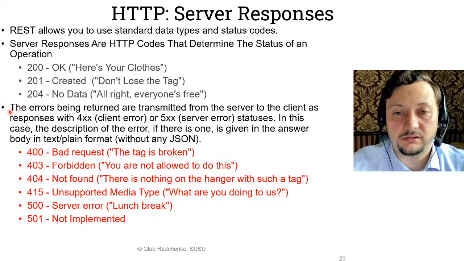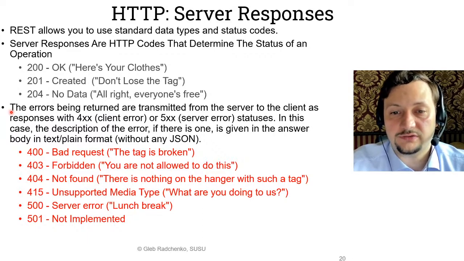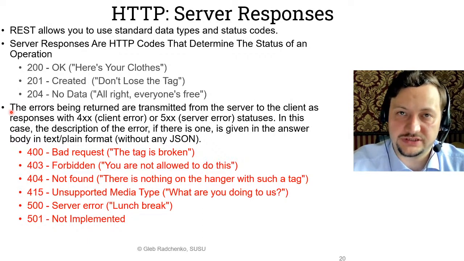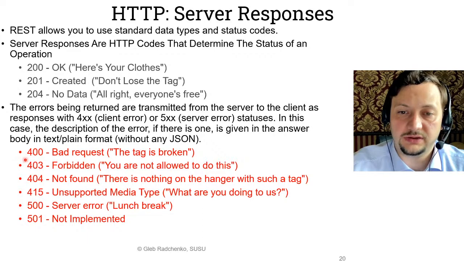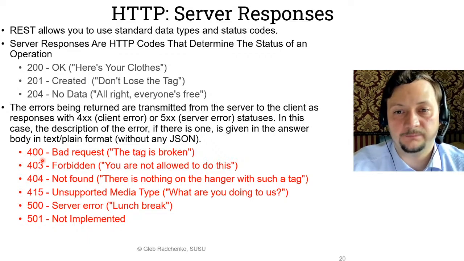If there is some error in the request processing, there are some standard ways to make the user understand that there was some error in the processing of the request. If the error is on the client side, there would be 400-something responses.